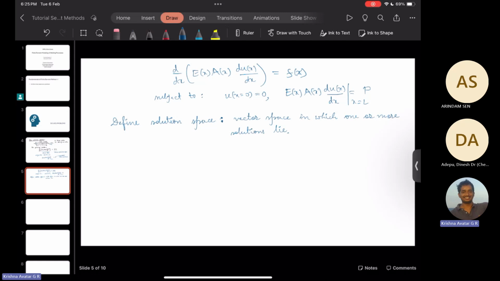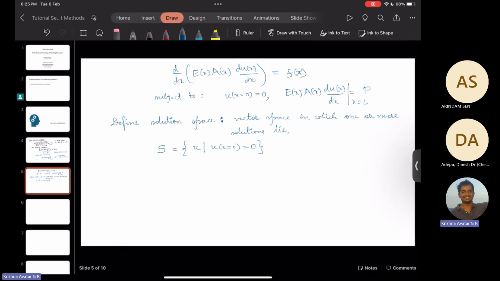In this case, how we define the solution space, we take it to be, say, S is equal to the set of U such that U at x is equal to 0 is 0. But we must also define what U is here.